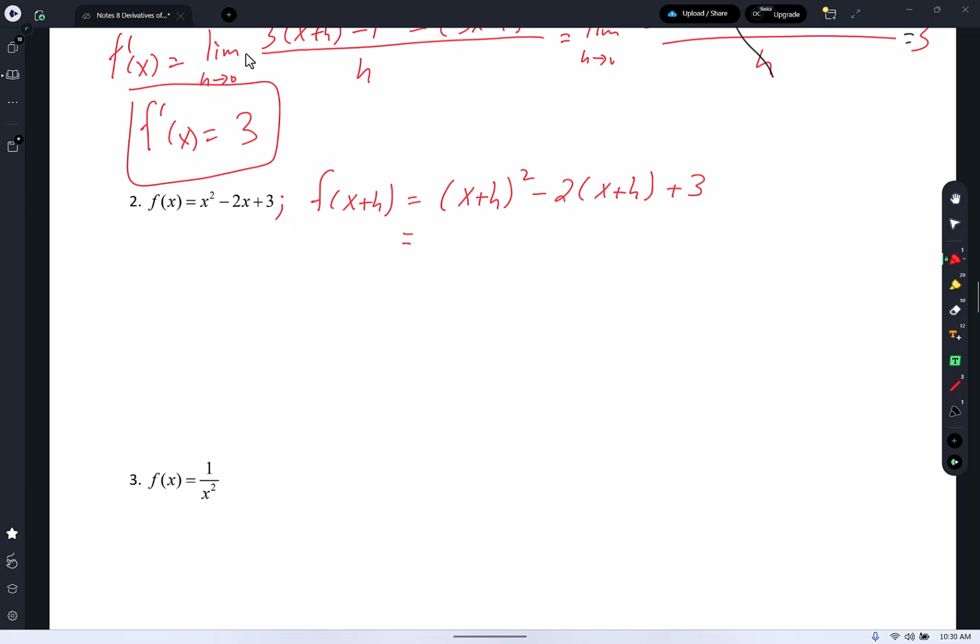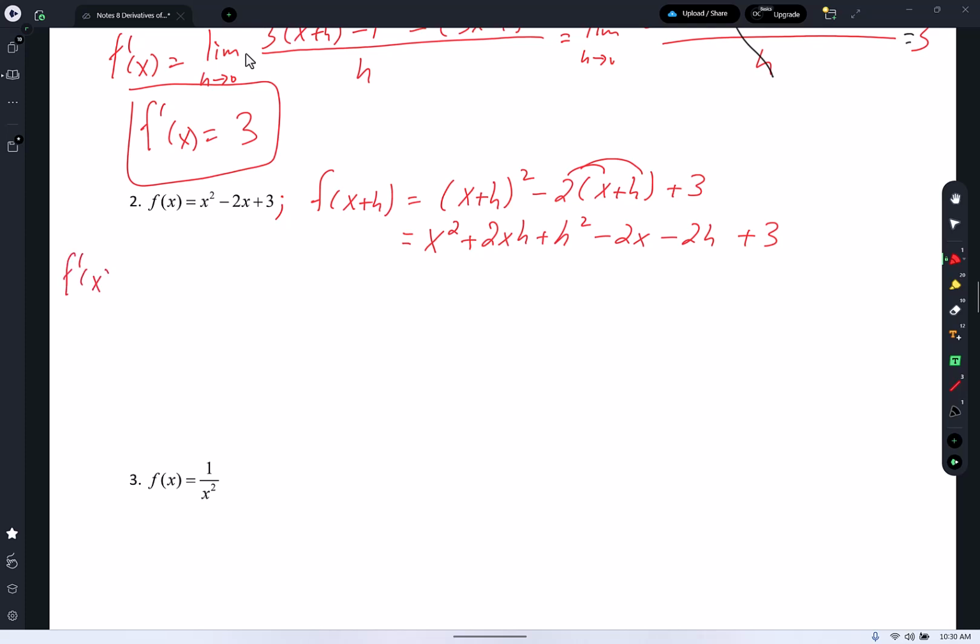What's x times x? X squared. X times h? Xh, but you're going to have how many of them? So 2xh plus what's h times h? H squared. Distribute the negative 2: minus 2x minus 2h plus 3. I don't see anything that combines. Nope, nothing combines. Here we go.